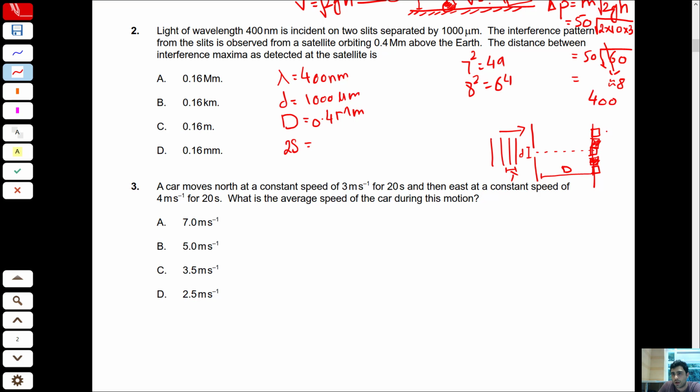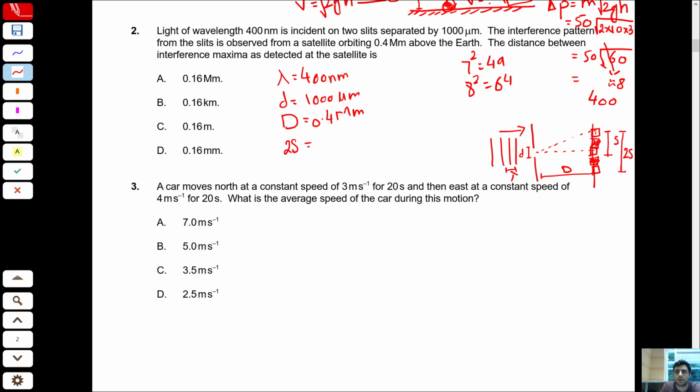So we can also draw this right angle triangle here. This distance is S. Always remember, this distance is S. And the distance between the central maxima, from this maxima to this maxima, these two maxima, is always 2S.